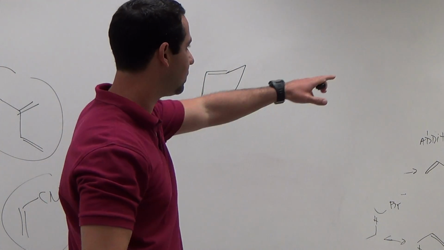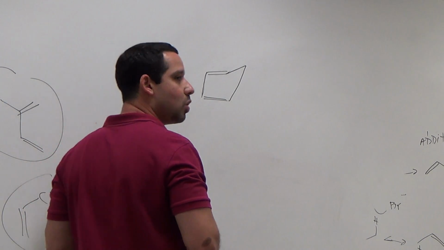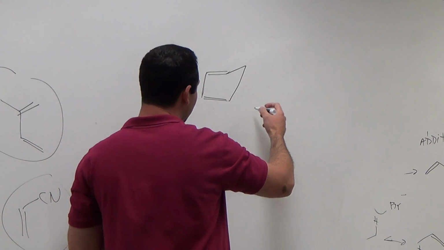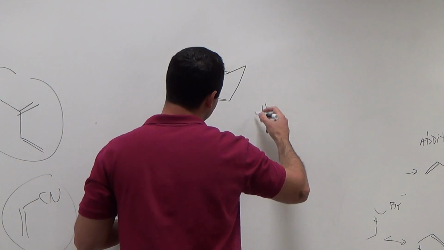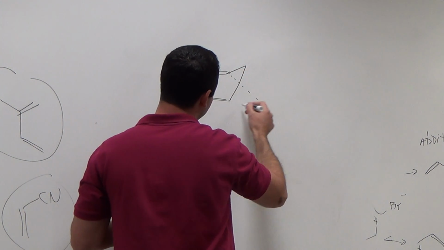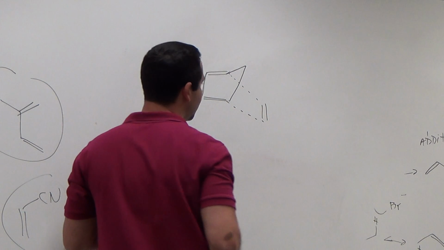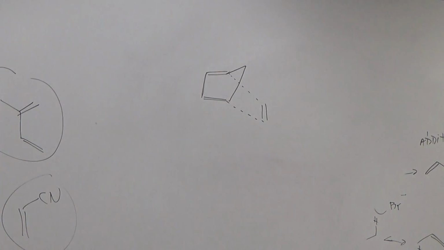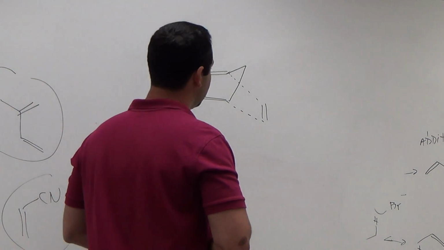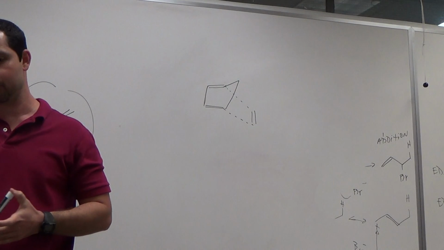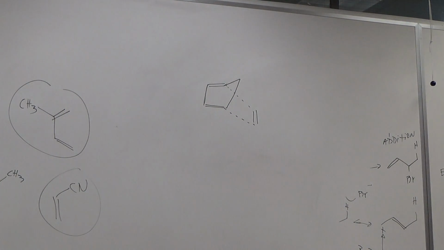So if this is cyclopentadiene, the dienophile is going to approach it from the same side, okay? So that's just the approach. I don't want to talk about more. We're a little bit behind schedule.